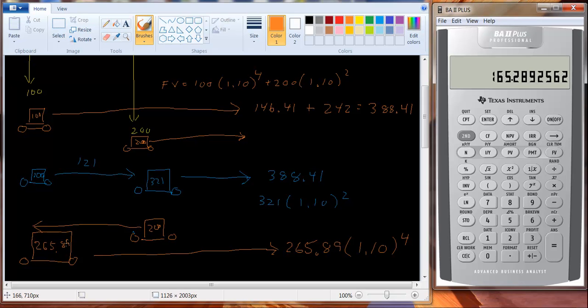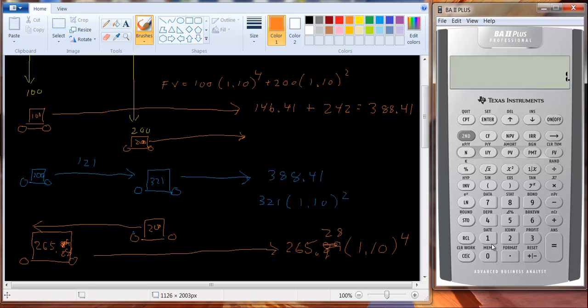So this should be 265.28. All right, so let's try that. 265.28. All right, wait a minute.